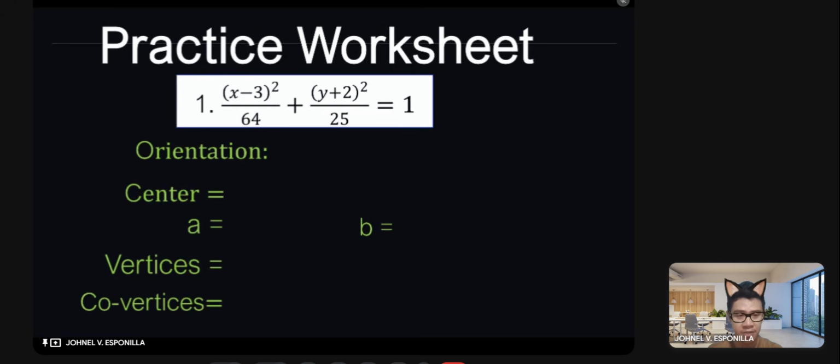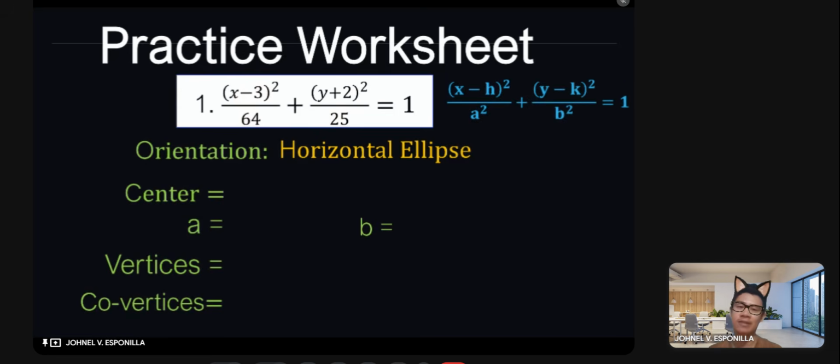So sa orientation, either vertical or horizontal. So paano malalaman yung number 1? Compare po natin yung 64 at 25. Ano yung mas malaki? 64. 64 is under X term. So this is horizontal. Since horizontal siya, ang formula ay ito.